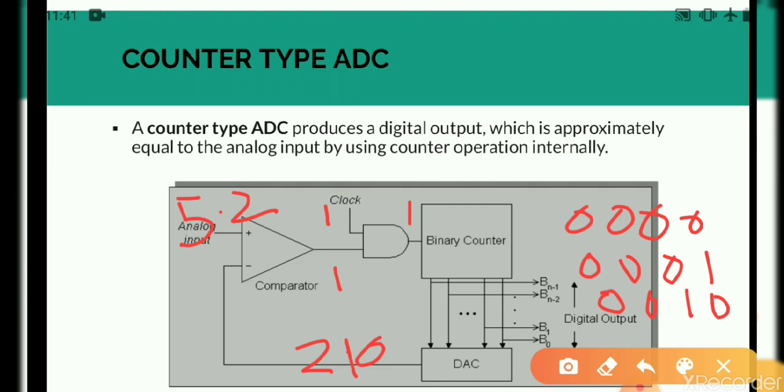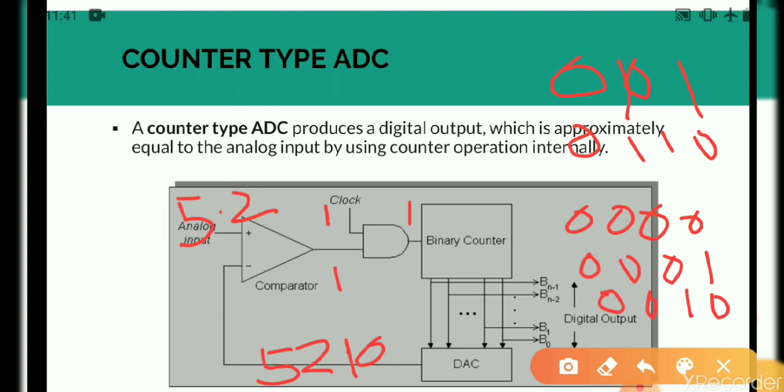In the last, suppose the counter counts 0101. For this counting value, the DAC will give analog signal 5. Again 5.2 is greater than 5, so the counter gets 1 again, and so the counter counts one more step, which is 0110.